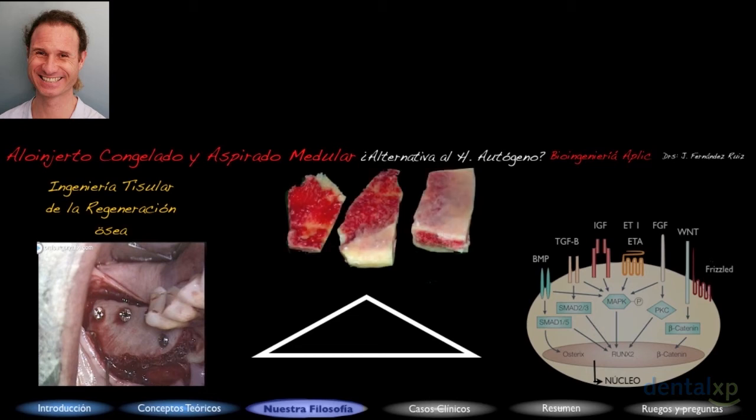So from the bone graft that we obtain, we will use the part that we consider the best, or the one that we can suit or adapt better to the area that we need to regenerate.